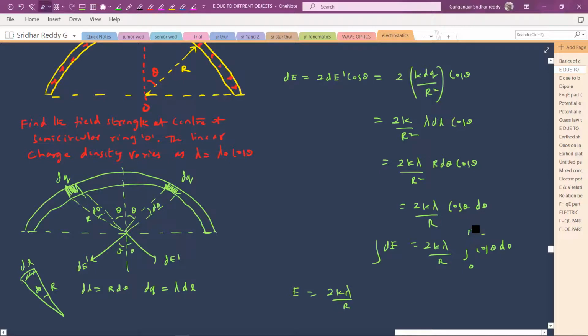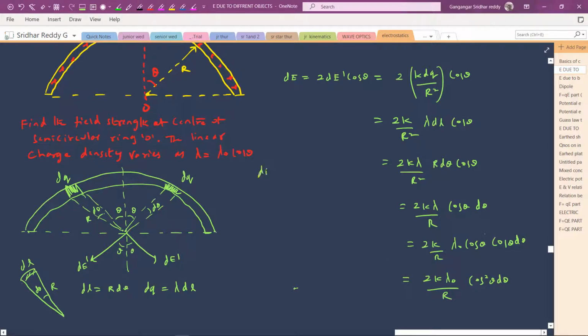Sorry, one more step. What is lambda? Lambda is equal to lambda naught cos theta. That was given, no? The charge density variation. So further simplification will be 2k lambda naught by r cos square theta d theta.